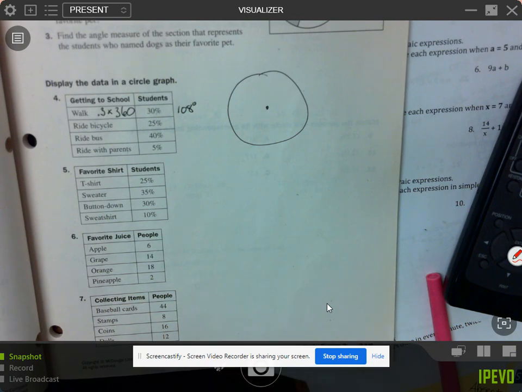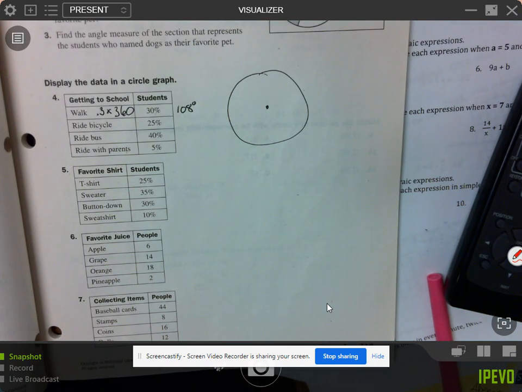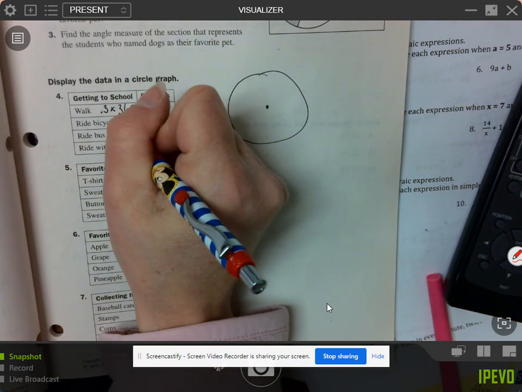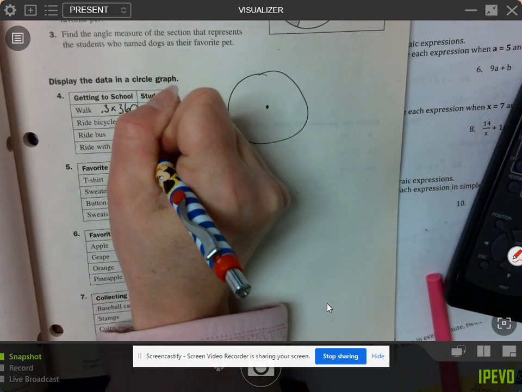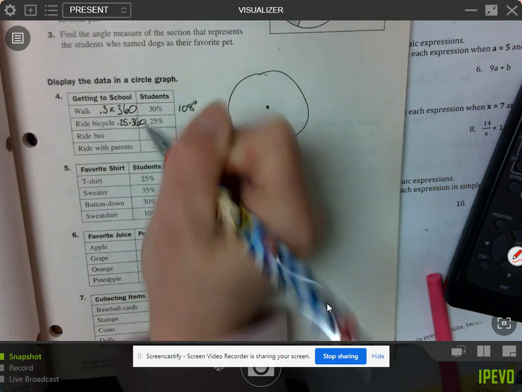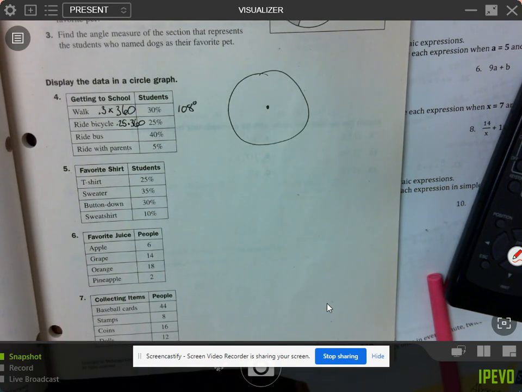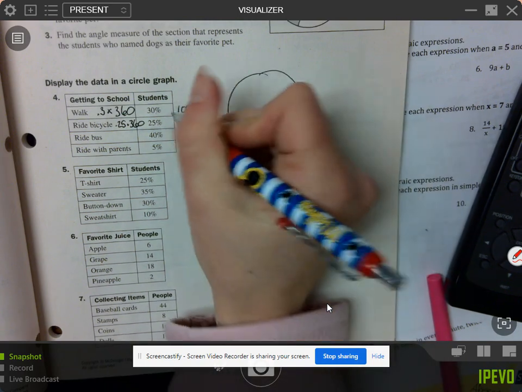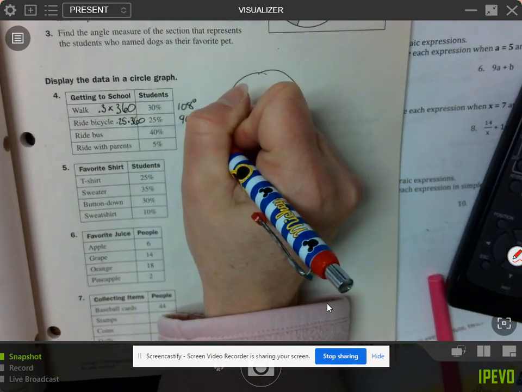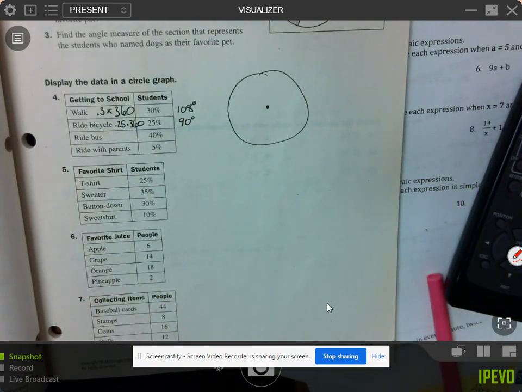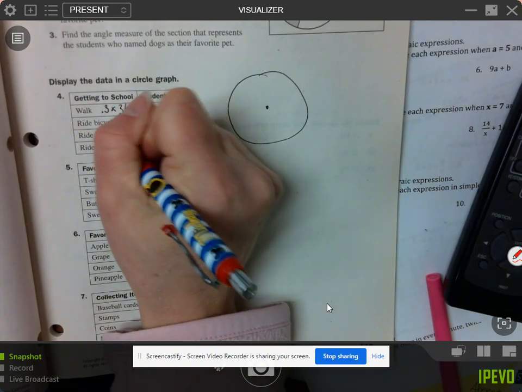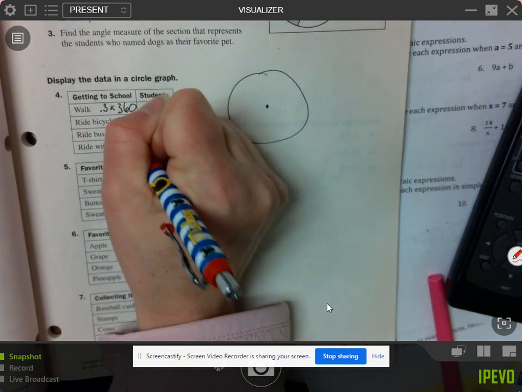So I'm going to go through and I'm going to find each of my degrees first, add them up, make sure they add up to 360, and then I'm going to put them in my circle graph. So 25% is 0.25 times 360, and I get 90 degrees. 40% is 0.4 times 360.